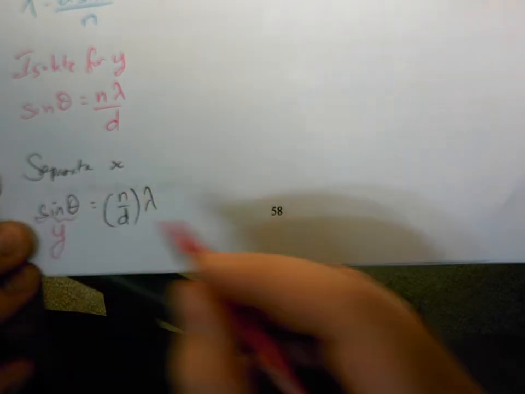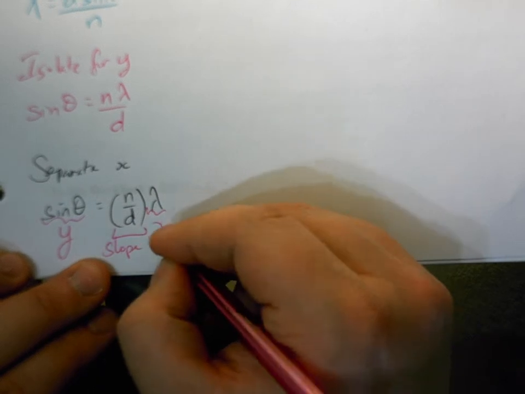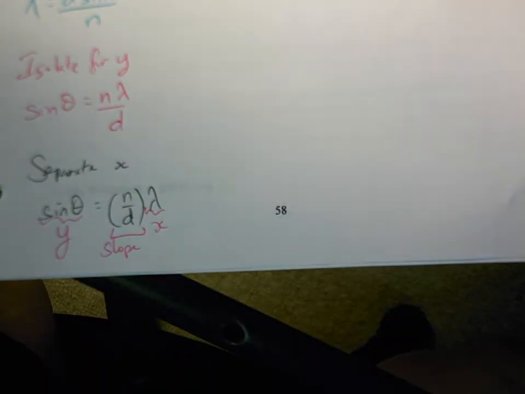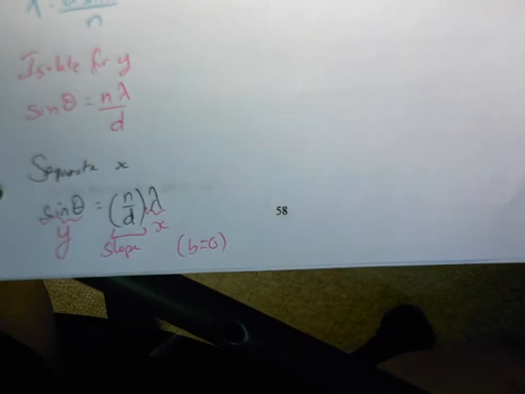Because now you'll start to see we have an equation in the form of y, which is our sine of theta, equals this slope times x, and then plus b. But in this case, we're just going to say b is 0, theoretically.